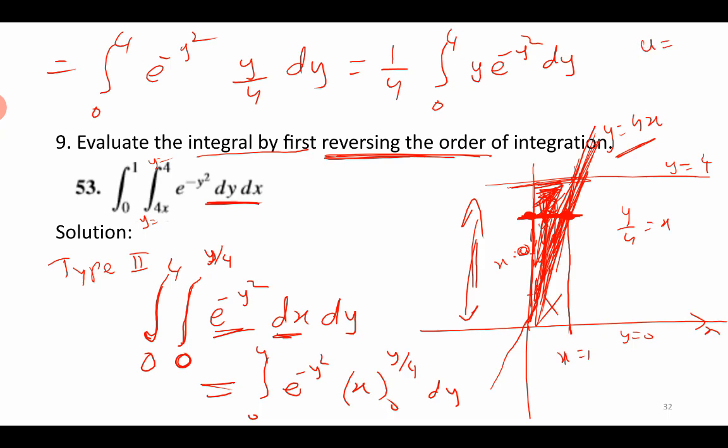Take u is equal to y square, and du will be 2y dy. So y dy will be du by 2, e raised to minus u. So in this way, if you continue, the answer is (1 minus e raised to minus 16) over 8. You finish this problem. Thank you very much.